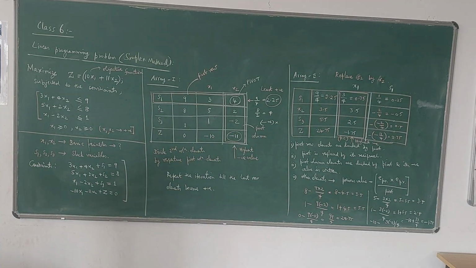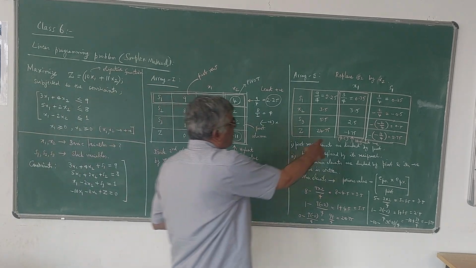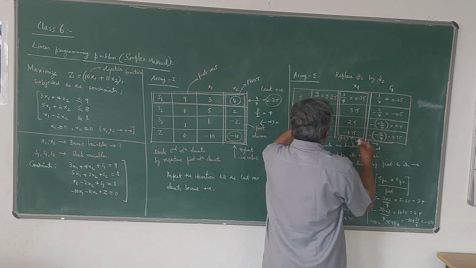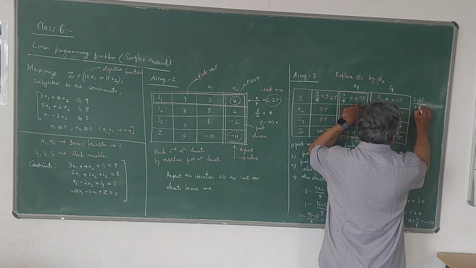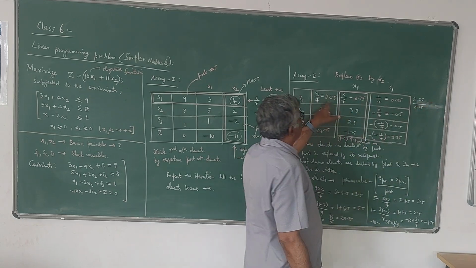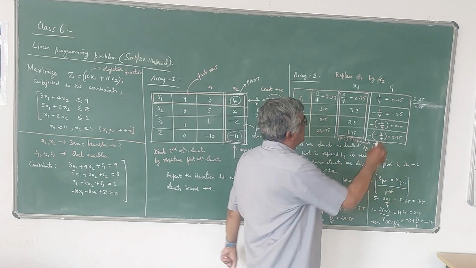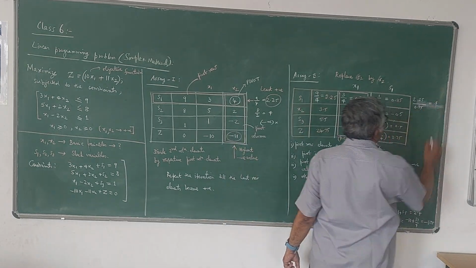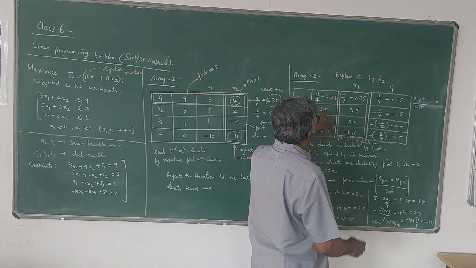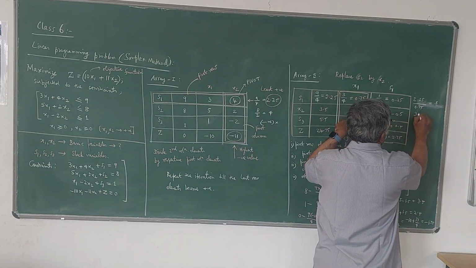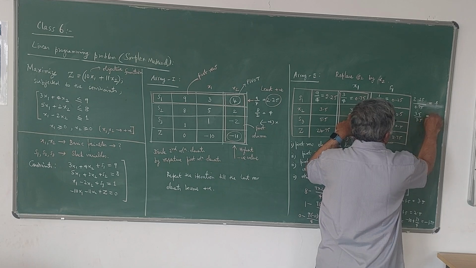2.25 divided by, now this becomes the pivot column, you know. So we have to divide 2.25 divided by 0.75. Correct? These elements. So it becomes 3. Correct? 3, another 3. Next one, 3.5 divided by 3.5, which is 1.